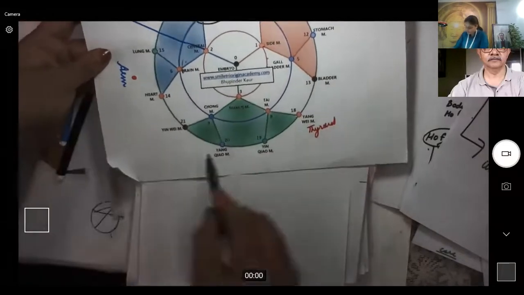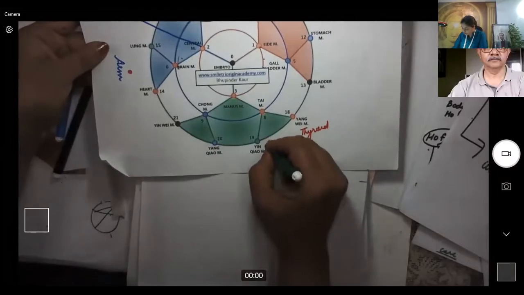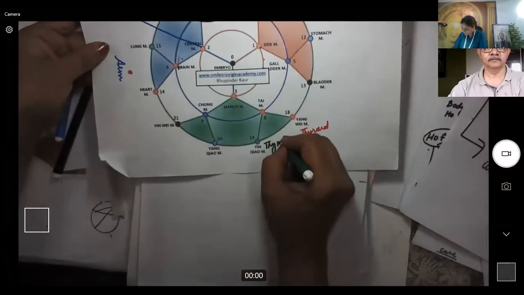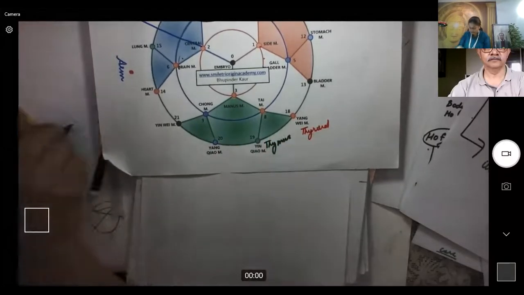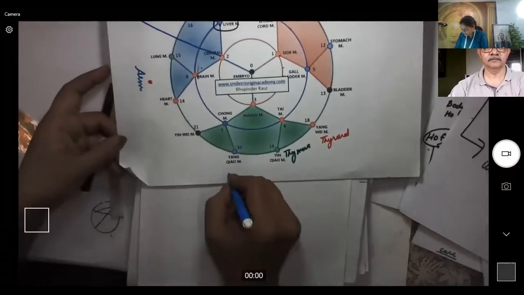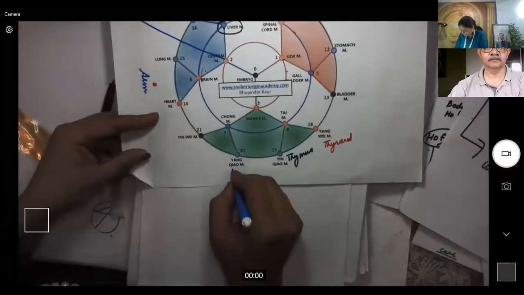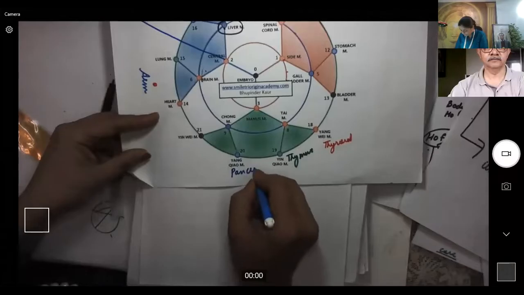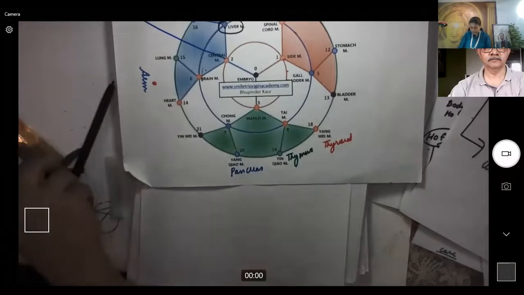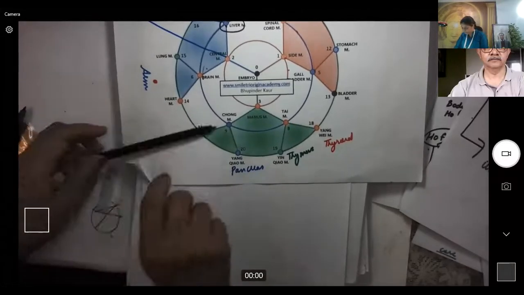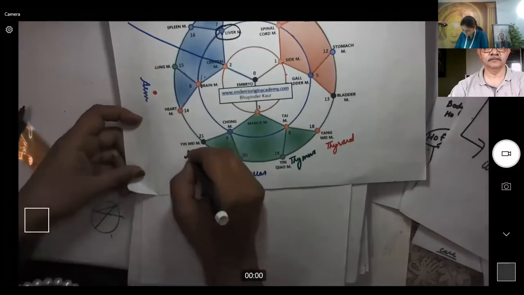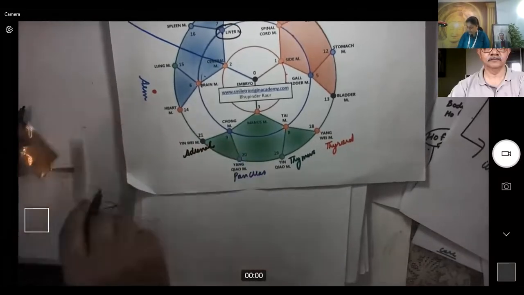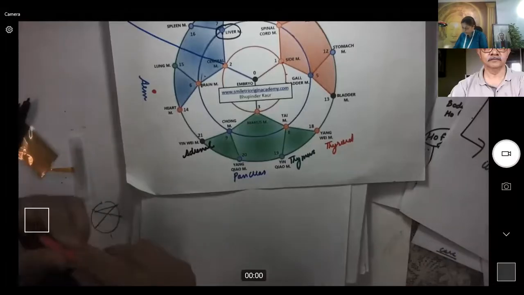This is thymus. These are Chinese names. Thymus. Pancreas. And adrenal gland. These are meridians. Then pituitary.